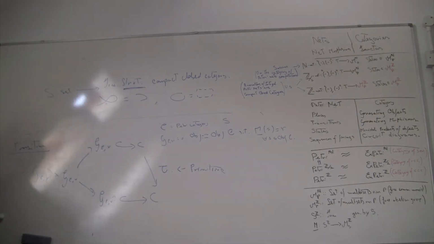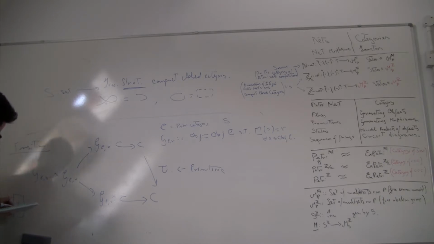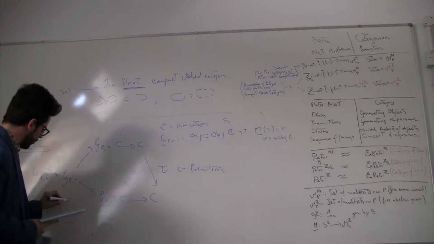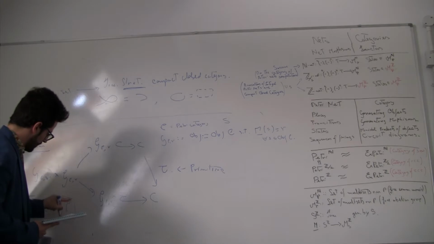And this horrible condition is basically telling me that if this is a component of this natural transformation and I do some stuff like this, then this will basically be equal to another component of this natural transformation.